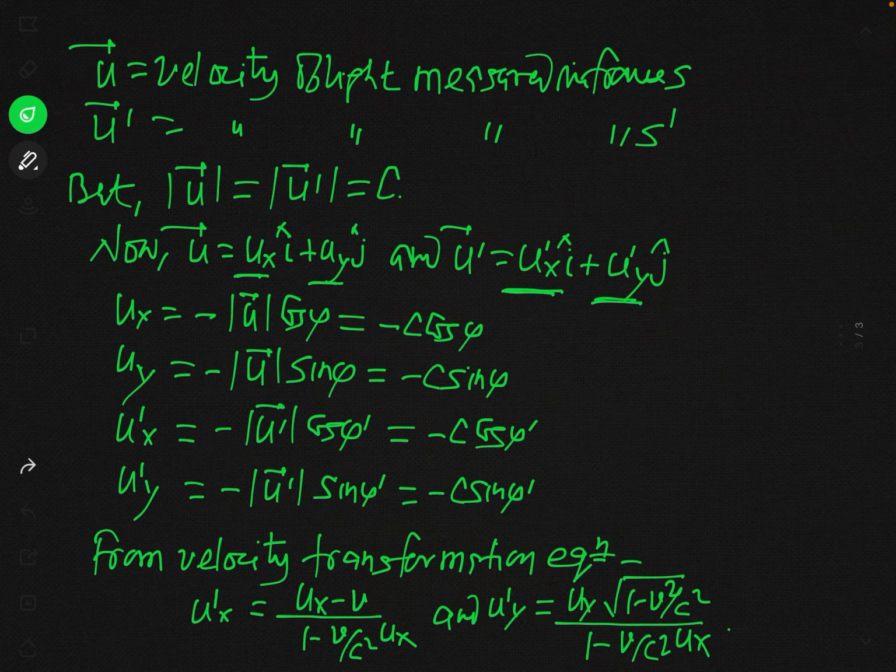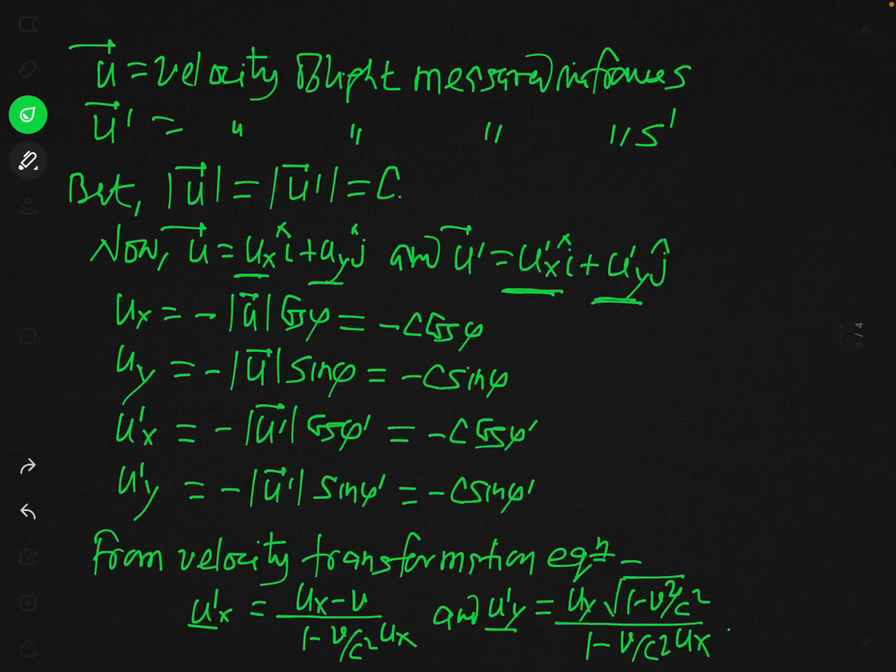And for that, let us divide this u prime y by this u prime x. So from here you can see, therefore u prime y over u prime x. See this equation here. Actually, you can see in RHS of this equation for u prime y, in denominator there is 1 minus v by c square ux, and in this equation for u prime x, again in denominator is the same quantity.